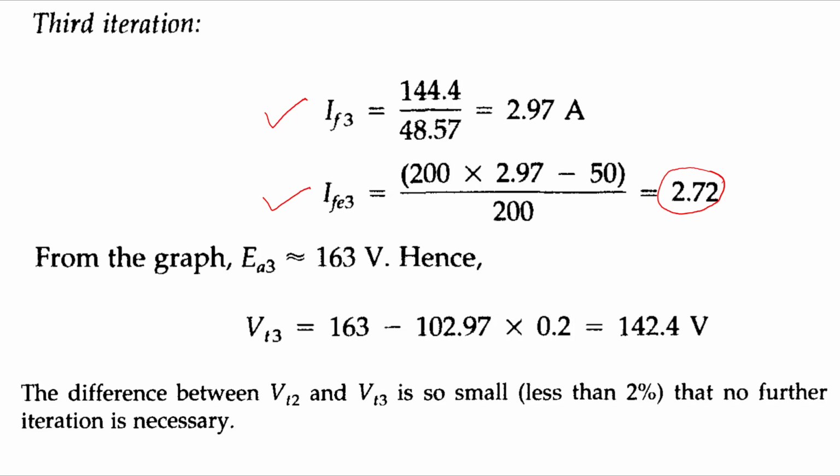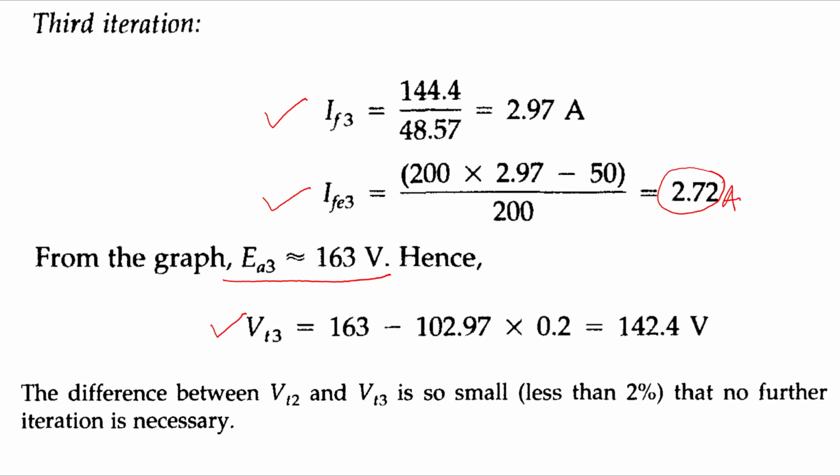Now corresponding to 2.72 ampere, I will find the no load voltage from the magnetization curve, that will be 163 volt. Now again I have to find terminal voltage VT3, that is in iteration 3.